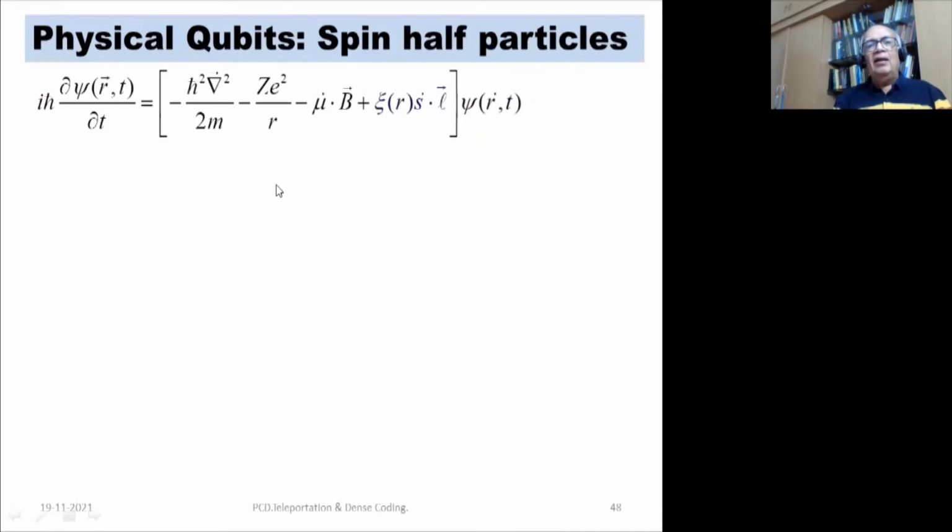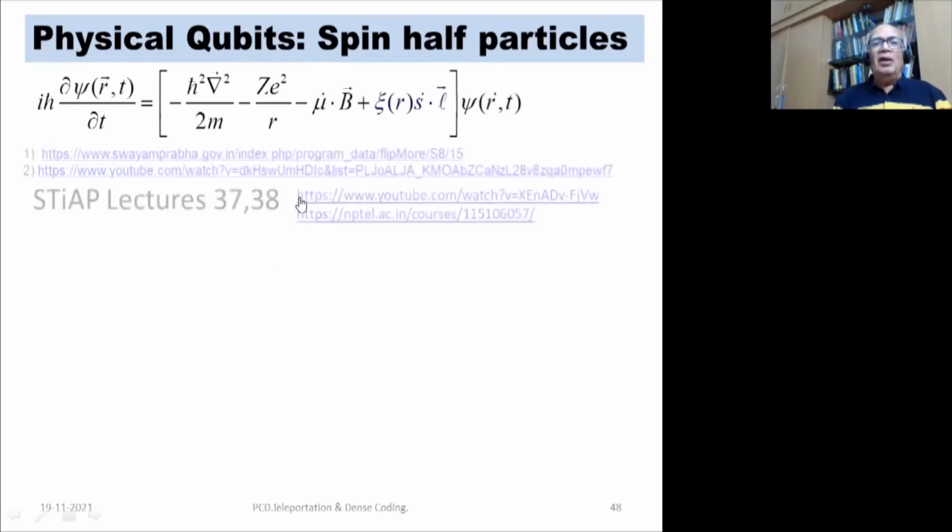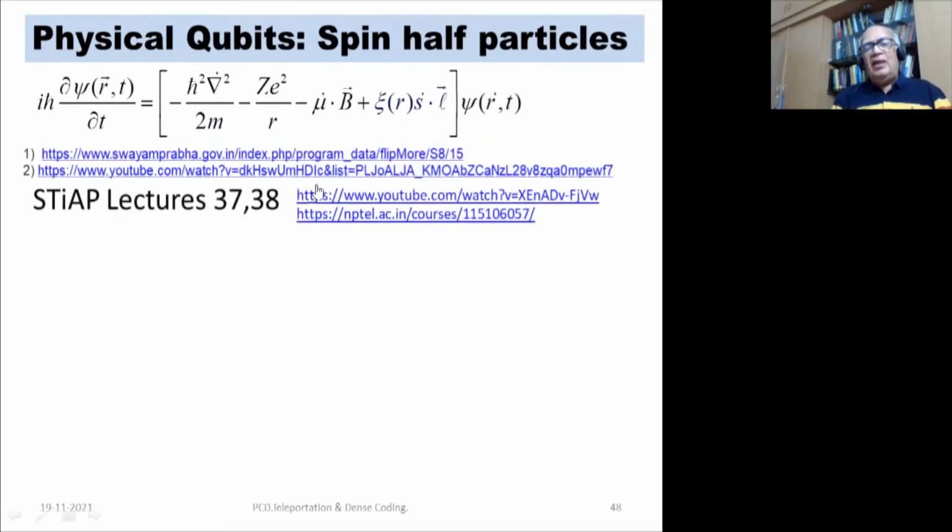And then the time evolution operator governs the dynamics of the quantum system. These details, again, I would like to refer you to some of the lectures available from our previous lessons on this topic.